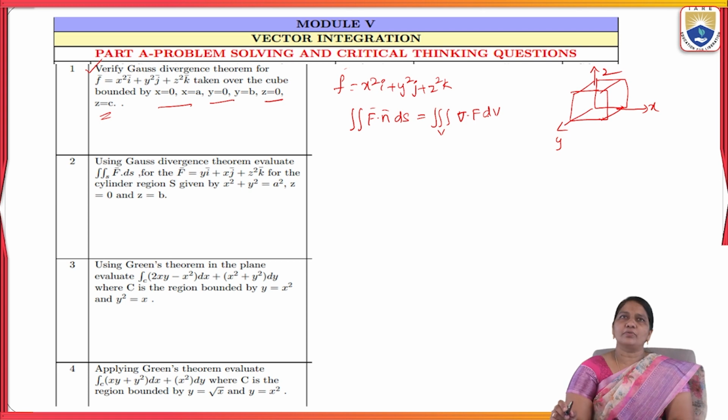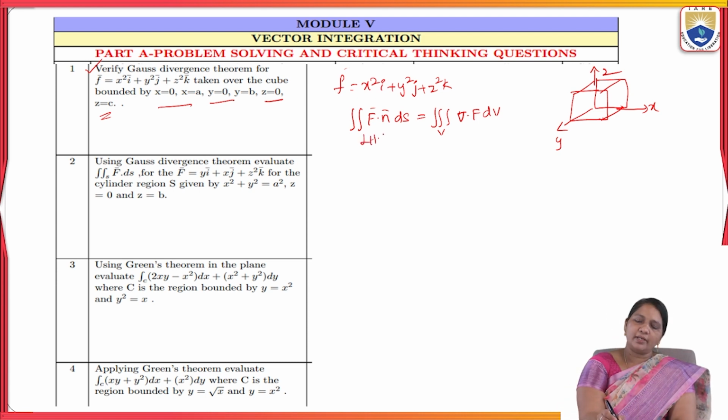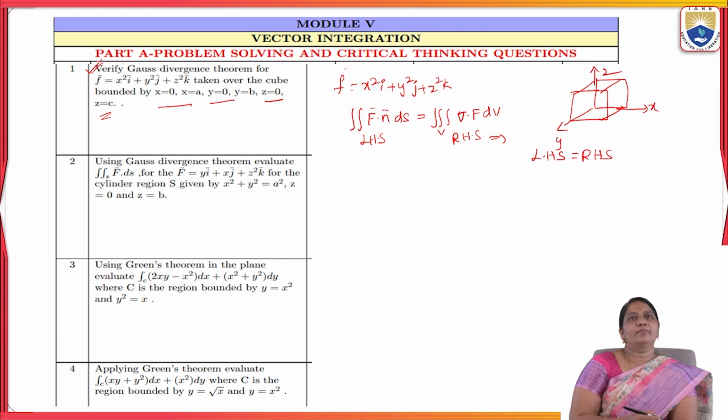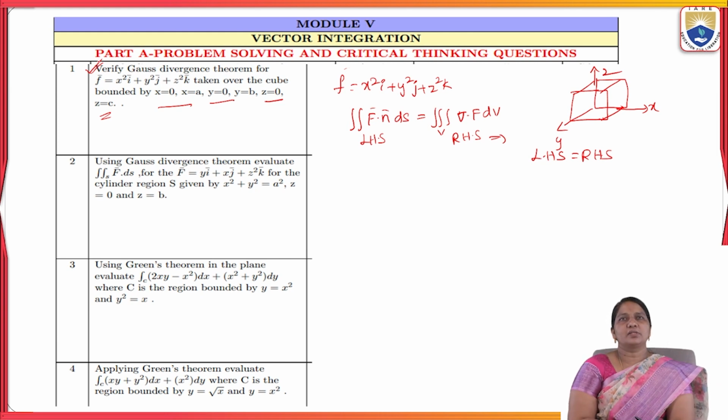So this is the statement of the Gauss divergence theorem. Here they are asking to verify it, that means we have to calculate the LHS part and RHS part. After that we have to show LHS is equal to RHS.